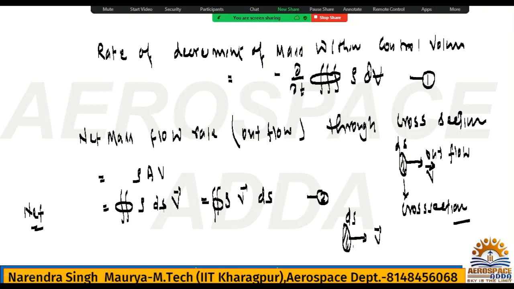It's a vector quantity. Okay, so what will be the direction? Direction will be perpendicular outward to the surface area. So your n cap is here.